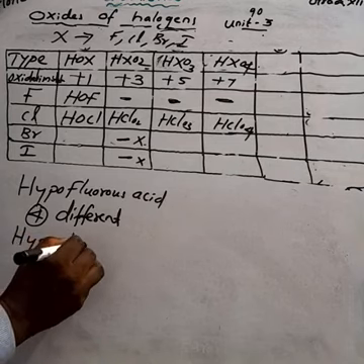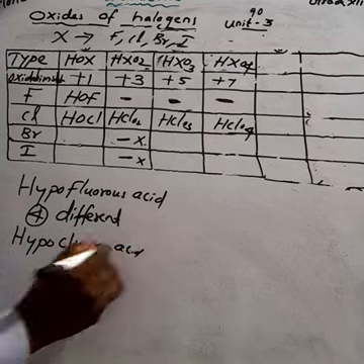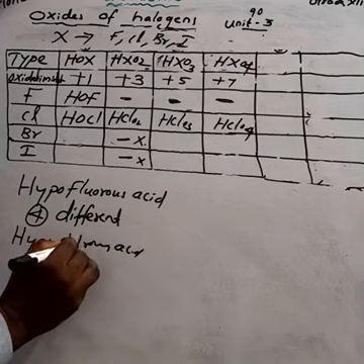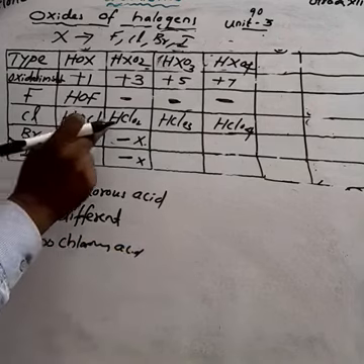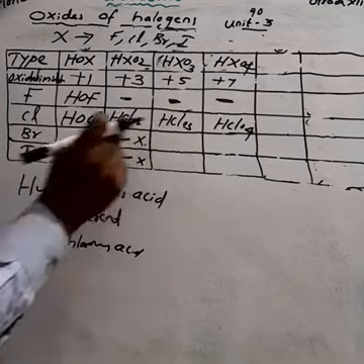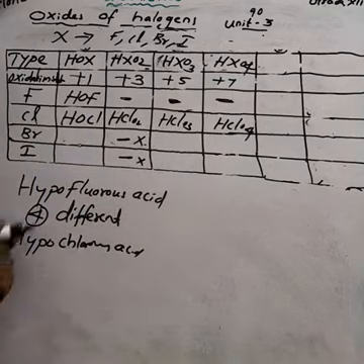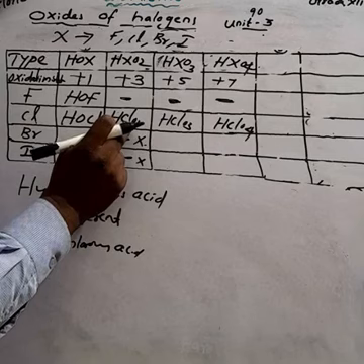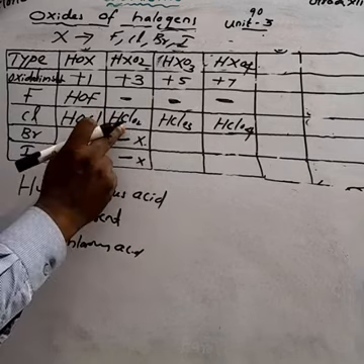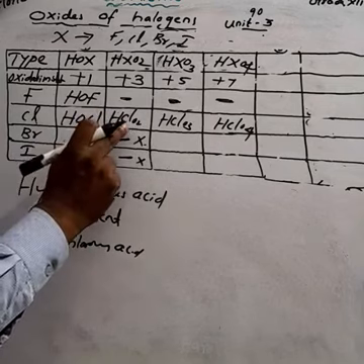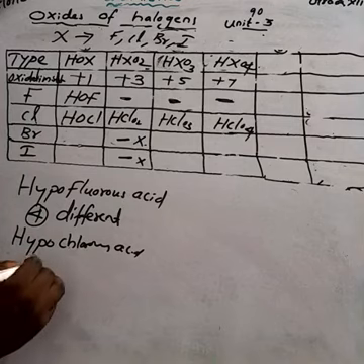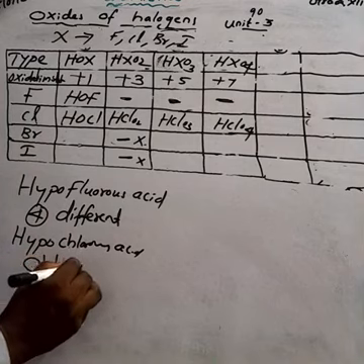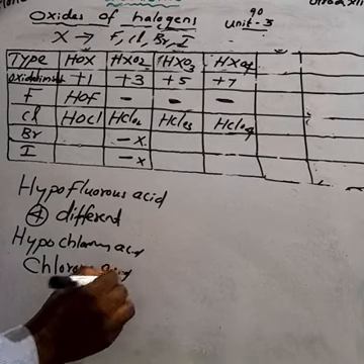The second type: first we have to write the formula, HClO2. Just we are adding one oxygen atom. The name of the compound is chlorous acid. I will ask the question, please carefully watch the video.